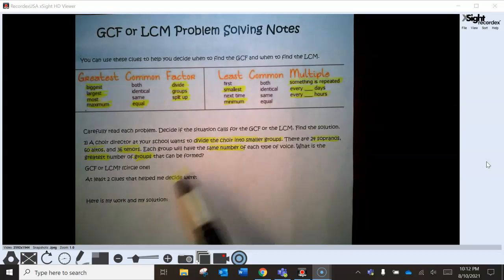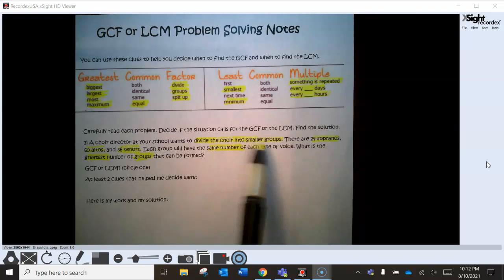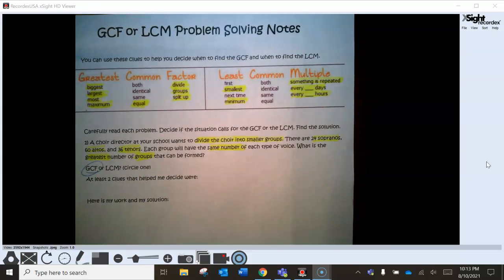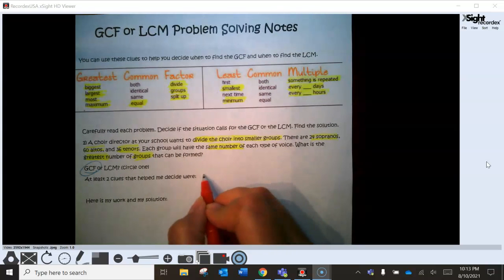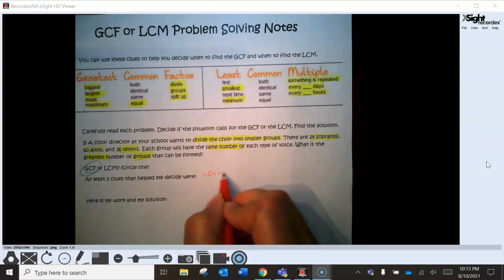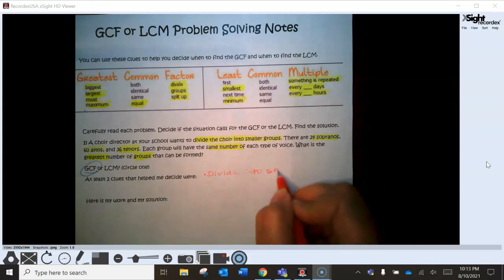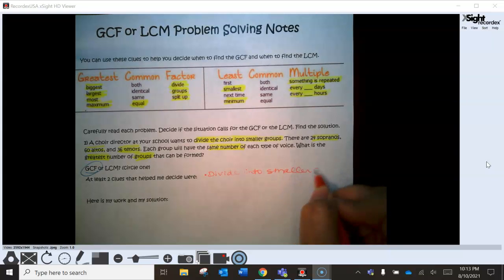So those words that I highlighted, some of them are up here already. So that lets us know if we are breaking something into groups and we're looking for something that is the greatest number of groups, you're going to be looking for, that's right, the GCF. The clues that we talked about for that are what we highlighted up there. One of them is where you divide into smaller groups.